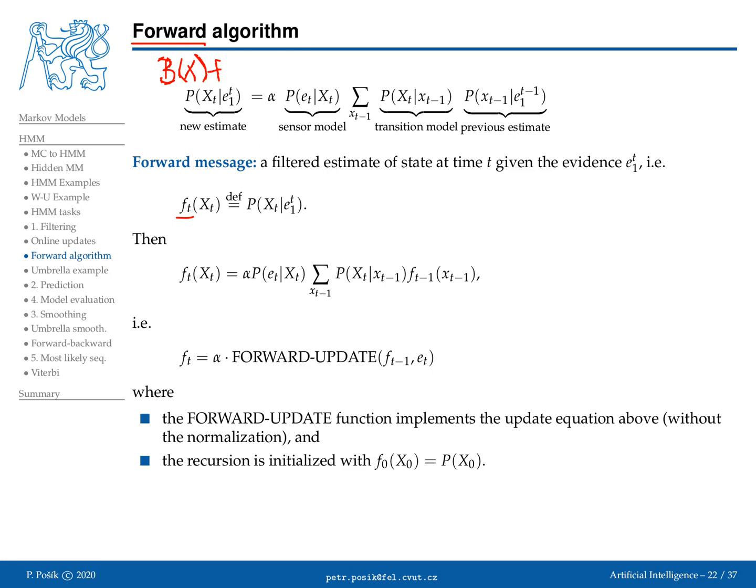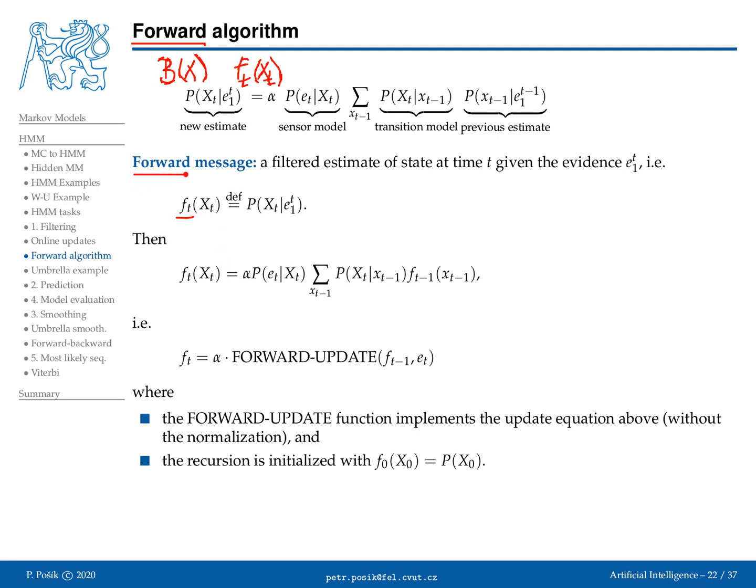I will write it in a different way, over x_t. And all these three things mean basically the same thing. It's the probability distribution over hidden states.